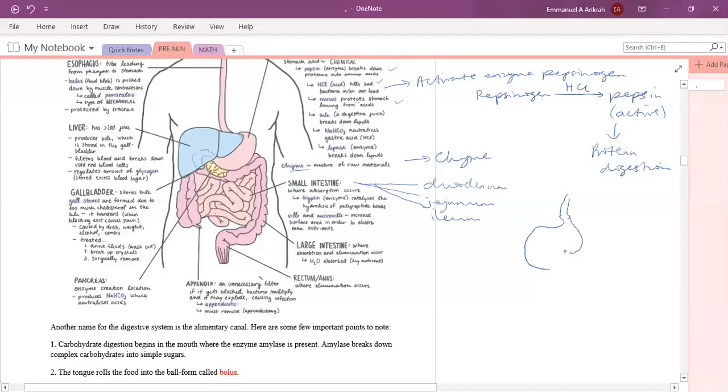This is the stomach. The pancreas will be somewhere here, and the pancreatic duct opens into the duodenum over here. Then the gallbladder will be here, and it also opens up into the duodenum around here. That's the gallbladder.